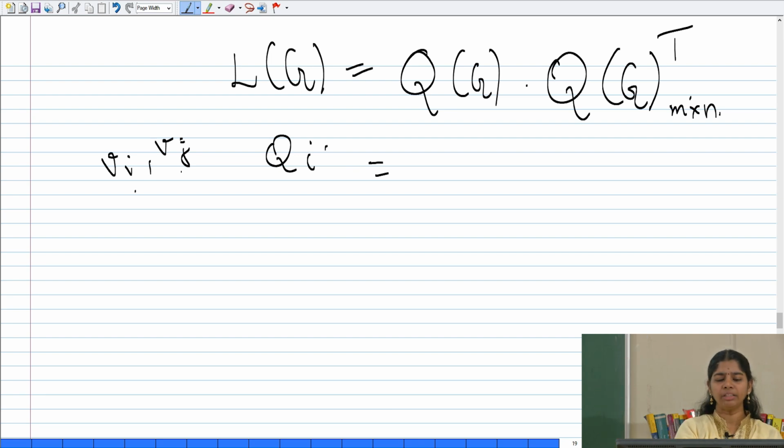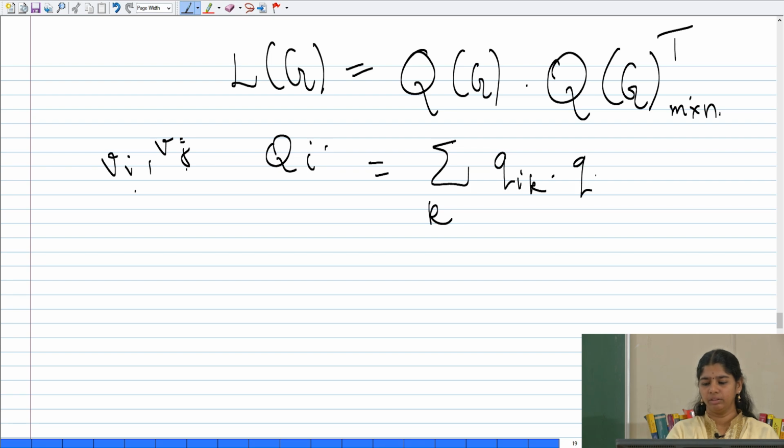So, when I look at the ith vertex and jth vertex, when will this entry be 0 or non-zero? And of course, we have to do a summation of all these things, so Qik and Qkj, right. When will this exist? Will it always be 0 or non-zero, or what kind of entry are we looking at?